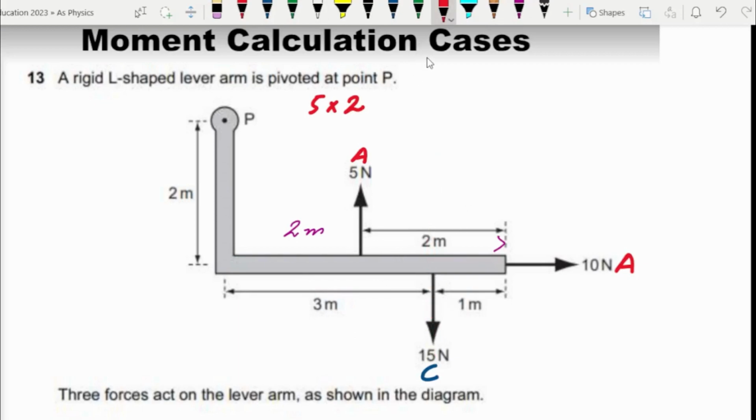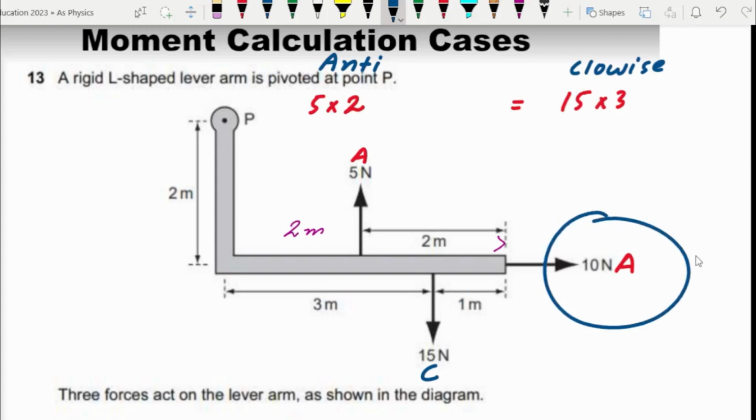So the moment of this force would be 15 times 3. और इसको मैं equals to की right side पे लिख रहा हूँ because that is counterclockwise. That is clockwise. So clockwise सारे एक side पे ऐड कर रहे हैं हम और anti clockwise आपके सारे एक side पे ऐड कर रहे हैं.